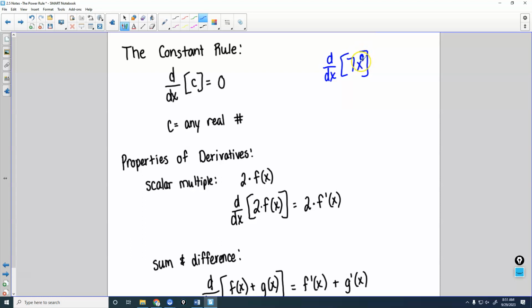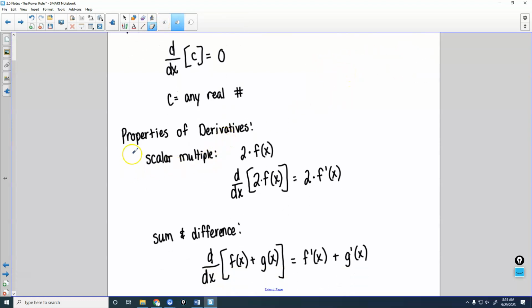If I wrote an x there, it would have a 1. But if I just have 7, that's the same as 7x to the 0. You could follow the power rule: 7 times 0 is 0, x to the negative 1. But does that x to the negative 1 matter whenever you're multiplying it by 0? It's just 0. So if you're ever taking the derivative of a constant, just a number without an x at all, it is just 0.